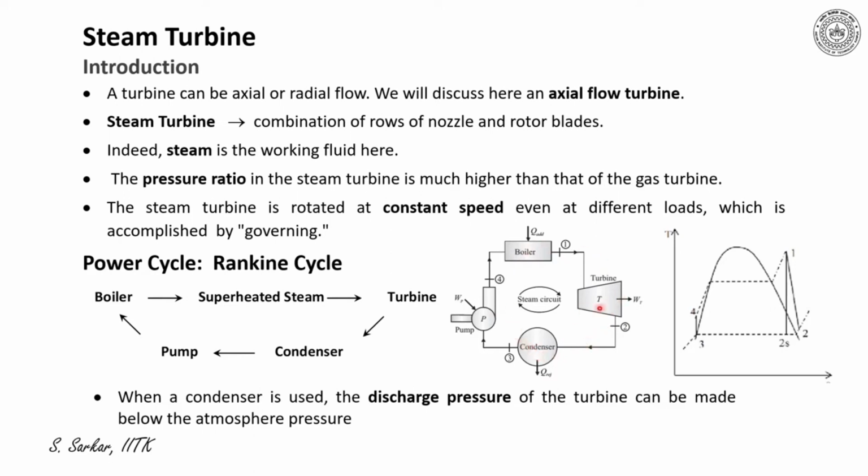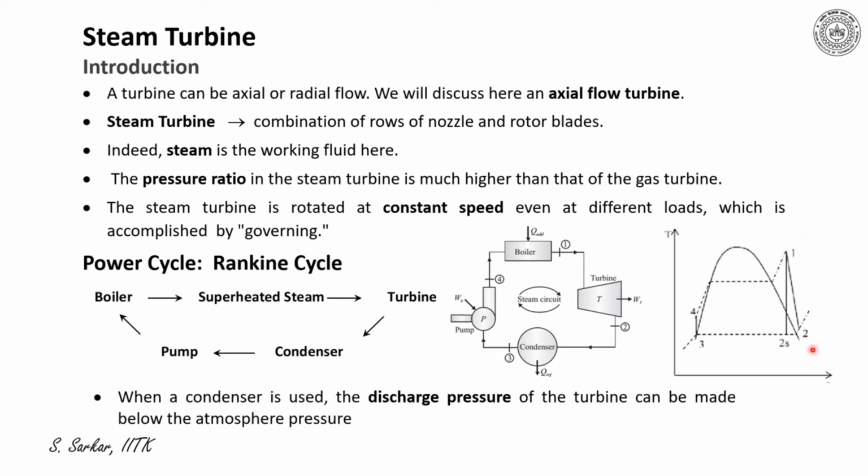We get work output from the turbine because of expansion of steam, particularly superheated steam. Now I have indicated the Rankine cycle in TS diagram, where 3-4 is the pump work and 4-1 is the heating of water at constant pressure to produce the superheated steam, which is expanded in the turbine.